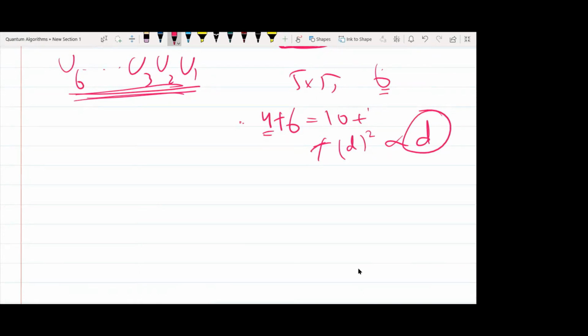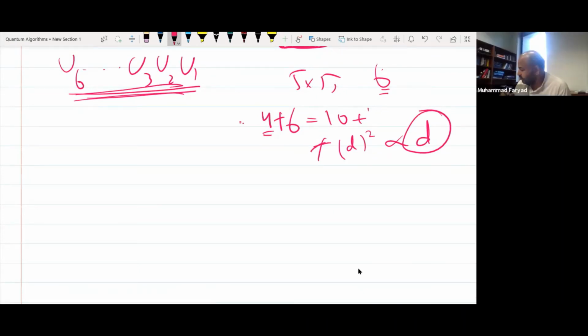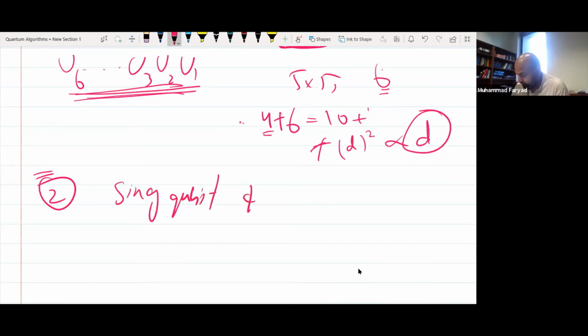Okay, so let's now go to the second step, which is showing that single qubit gates and C-NOT are universal.